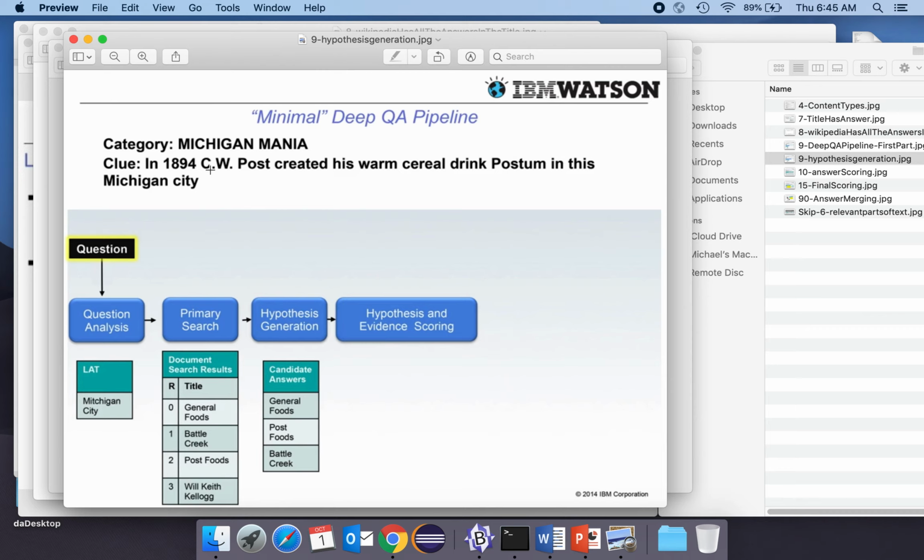So they would say, for example, in 1894, C.W. Post created this warm drink Postum in Battle Creek, and they look for a sentence. Now, you probably don't find the sentence literally, but they have some tools that they developed where they are able to match sentences even though the structure of the sentence is different.